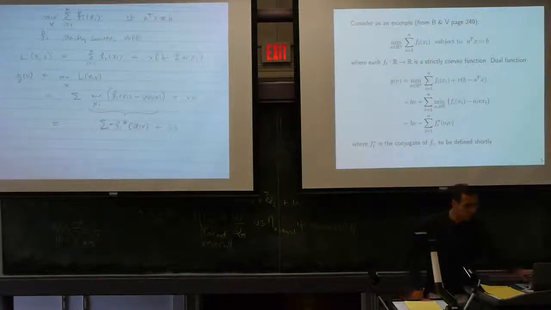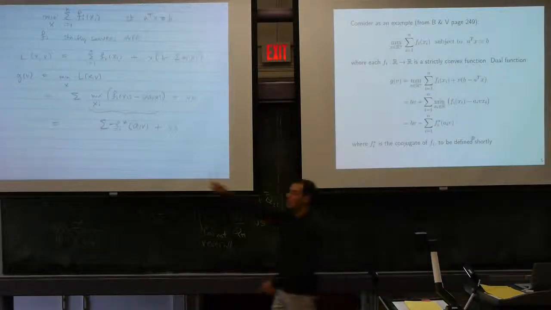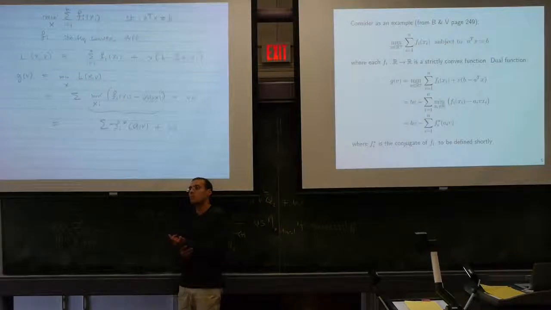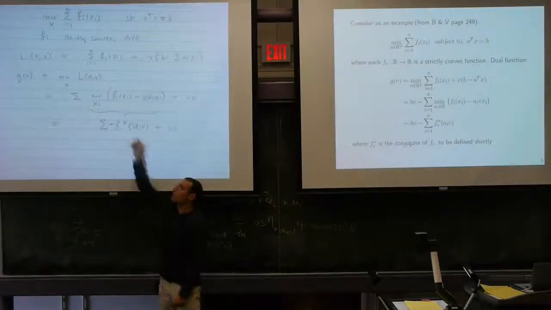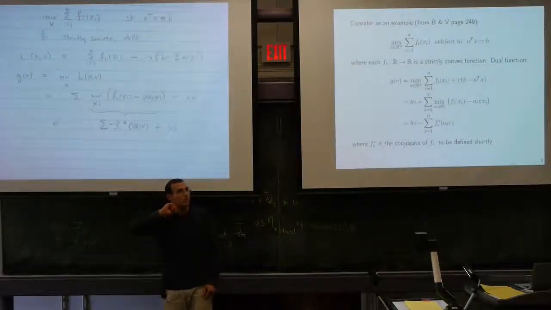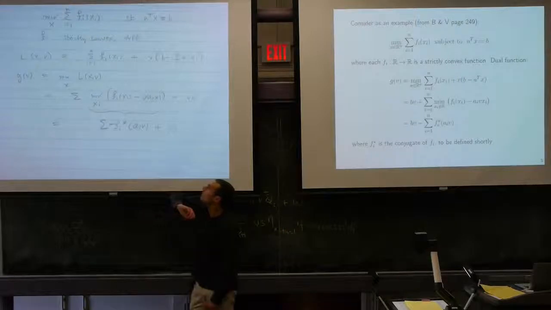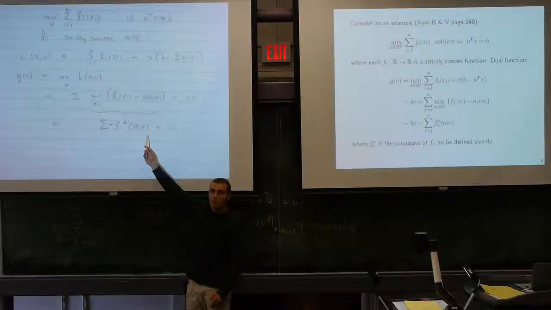In lots of cases, for lots of f's, we can find these conjugate functions in closed form. So for quadratics, for functions that involve logs and exponentials, usually, lots of different kinds, we can find such functions in closed form. So depending on what f was, usually I can write down this conjugate, unless it's a somewhat unusual function. So here's my dual problem.